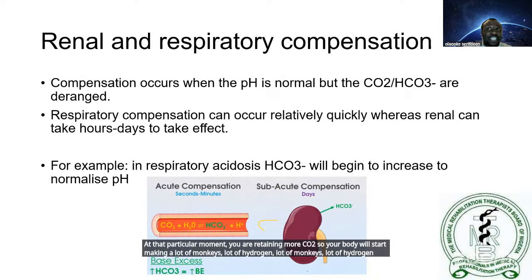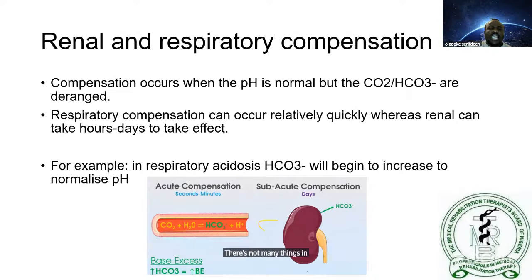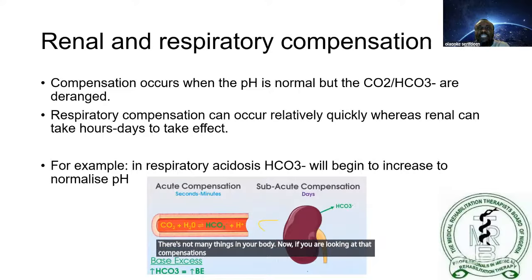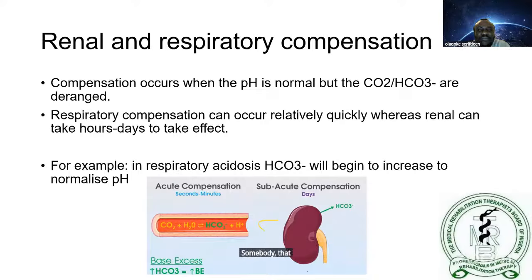And what are the monkeys doing there? The monkeys are trying to catch up. They are trying to get rid of that hydrogen ion because the hydrogen ion can destroy cells and destroy many things in your body. Now, if you are looking at that compensation, if you are looking at, let's say, the ABG for somebody, what you're going to see on the ABG is the CO2 will go up.